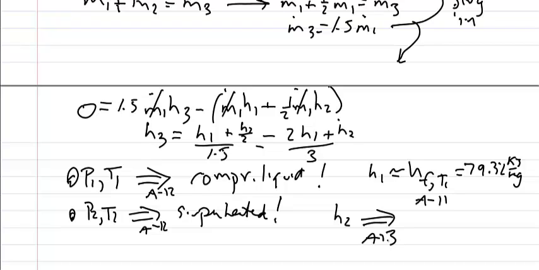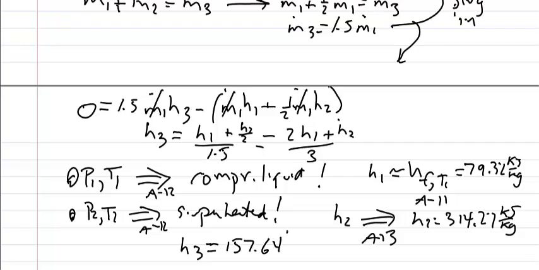So from table A13, we go into the 1 megapascal subtable, read down to the 80 degrees Celsius line, and we get that the enthalpy is equal to 314.27 kilojoules per kilogram. So now we have h1 and h2. We simply plug these in above, and we can find h3. In doing so, we get h3 is equal to 157.64 kilojoules per kilogram.